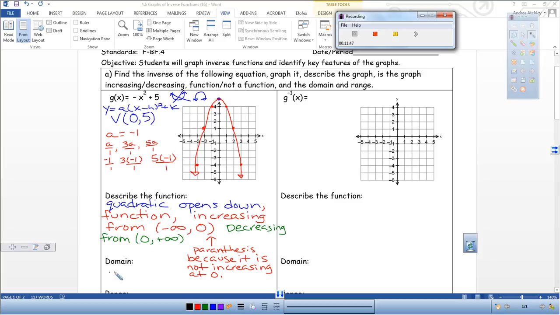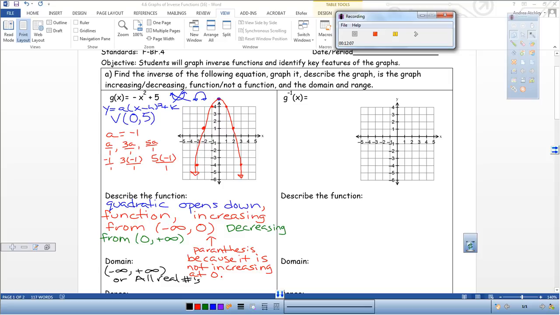The domain is negative infinity to positive infinity with parentheses because it cannot equal. Or we could say all real numbers. Any questions over that? Yes.